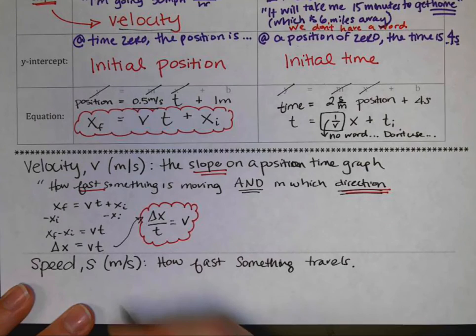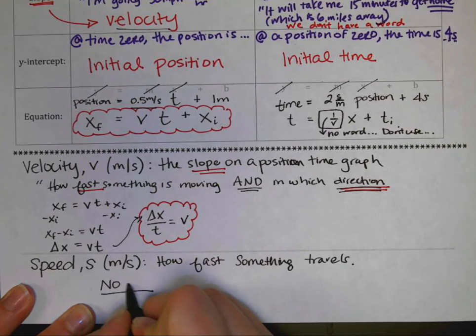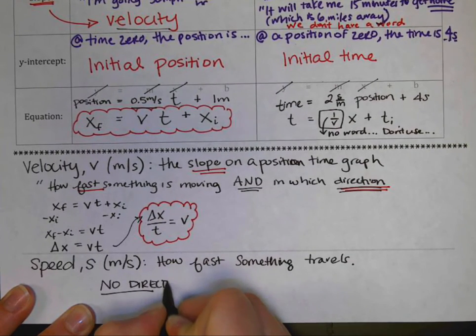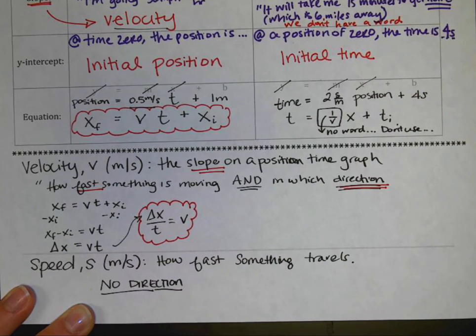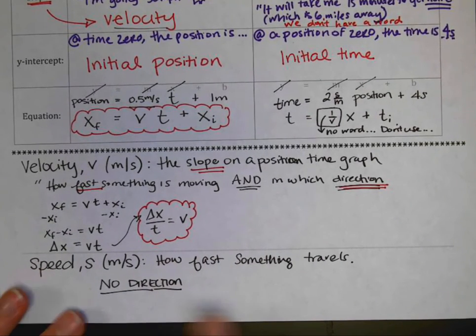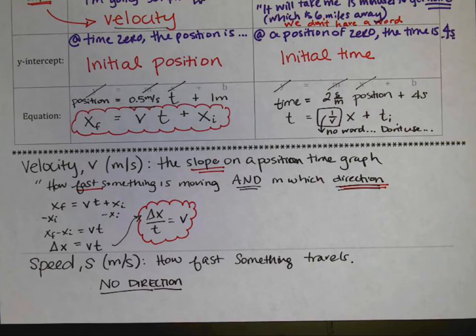There's no direction. Therefore, not the same thing as velocity. I'm going to go to the back side, and then we'll come back and reevaluate these two with a little bit more detail.